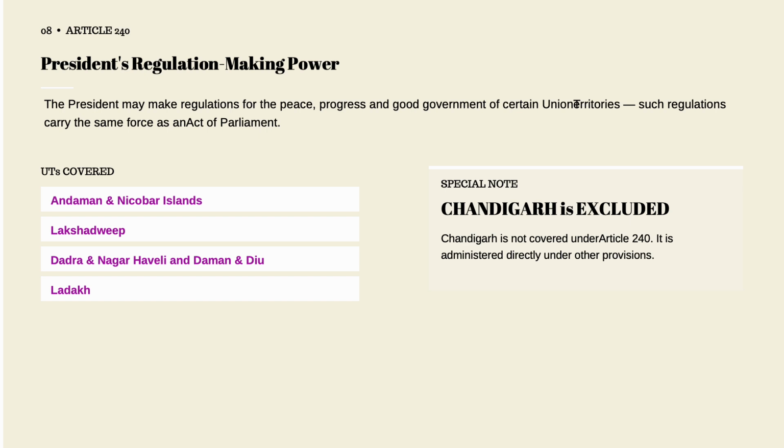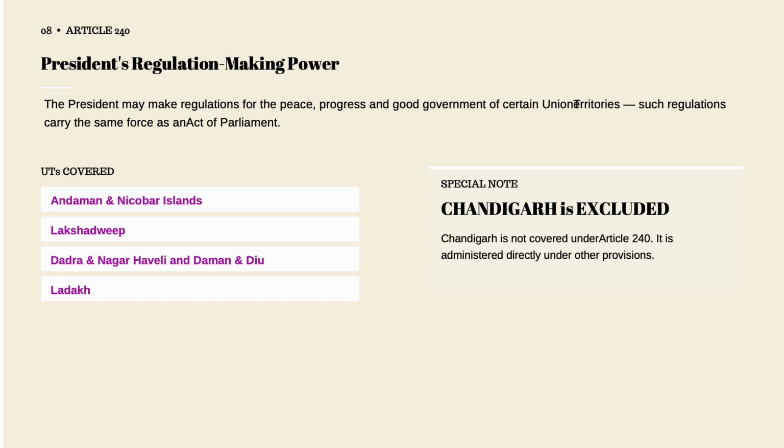Now we have Article 240. The president may make regulations for peace, progress, and good governance of certain union territories. Such regulations carry the same force as an act of parliament. So it's very similar to ordinance, okay? But for Andaman and Nicobar Islands, Lakshadweep, Dadra and Nagar Haveli and Daman and Diu, and Ladakh, these 4 union territories, the president makes regulations.